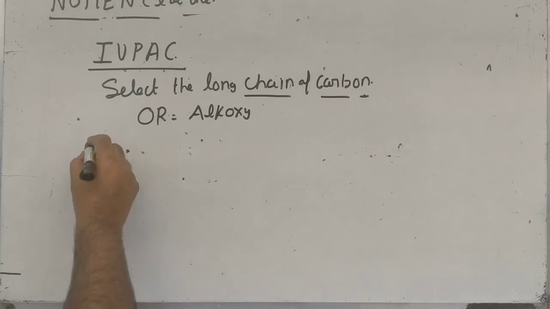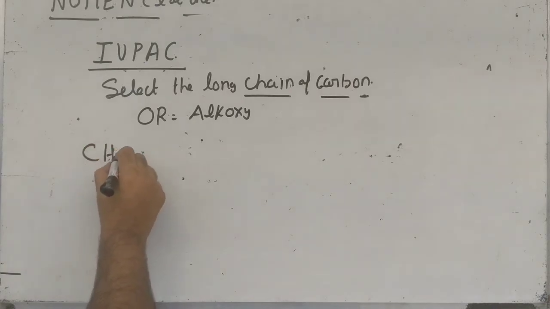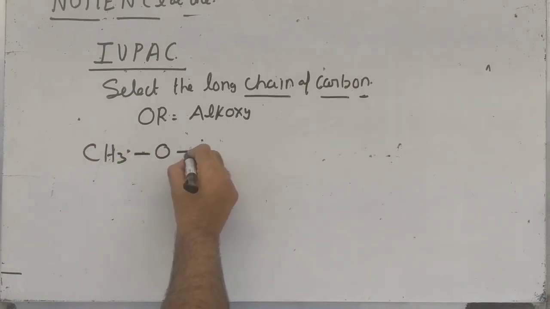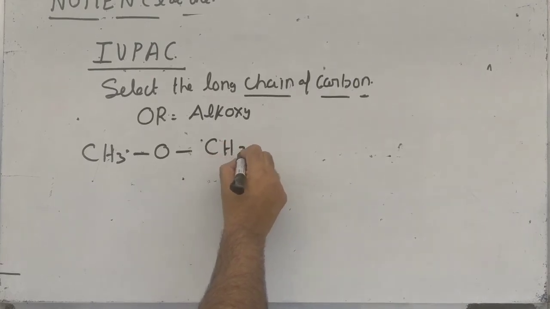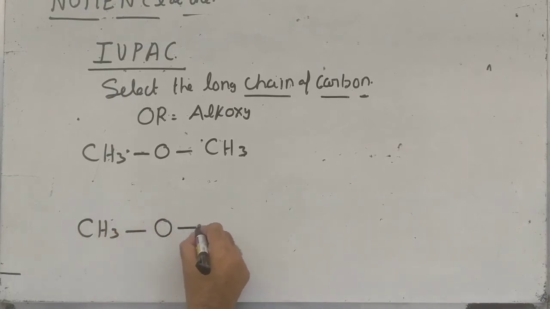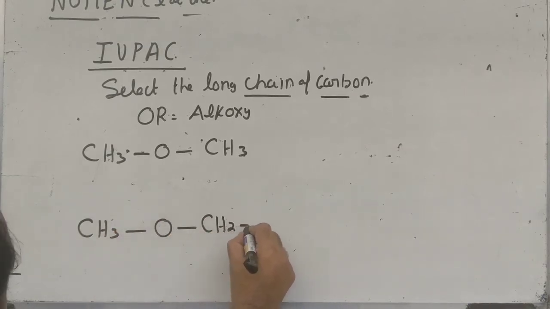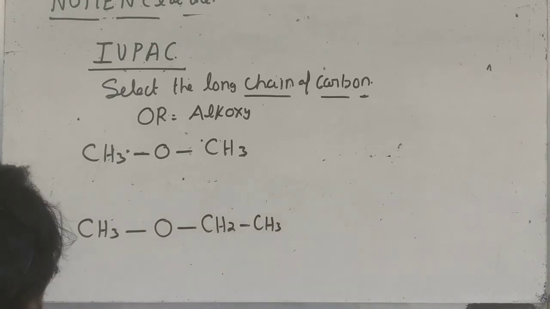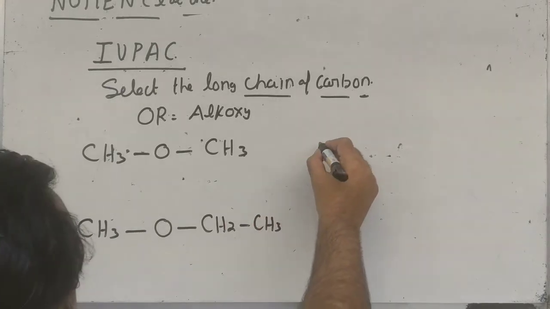Let's see the example. Suppose we have to name these compounds, the IUPAC name. First of all, we'll be selecting the long chain of carbon atoms. Only the carbon atoms should be included. Let's name these three ethers.